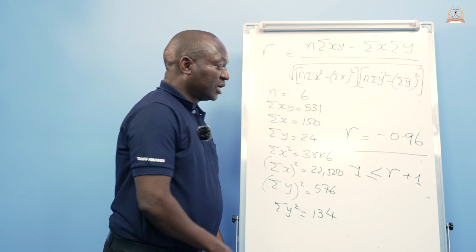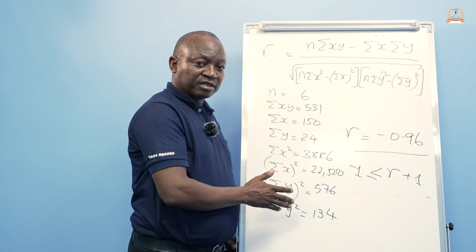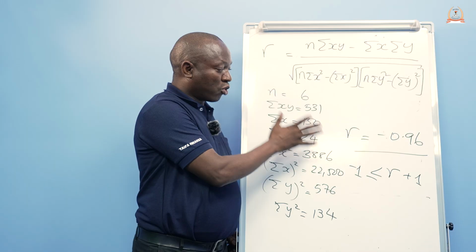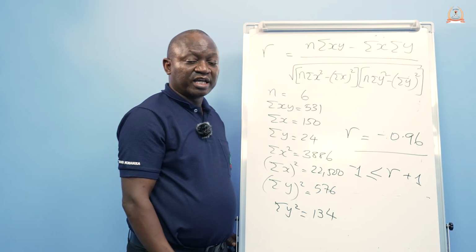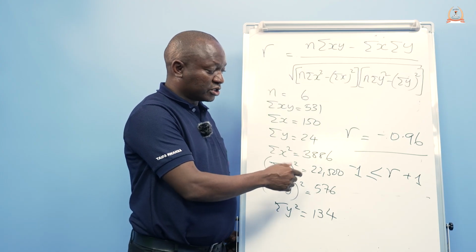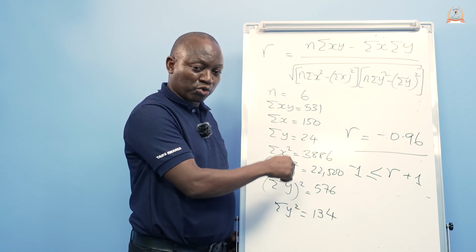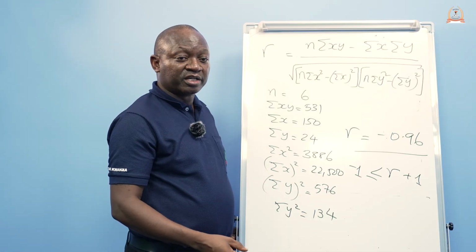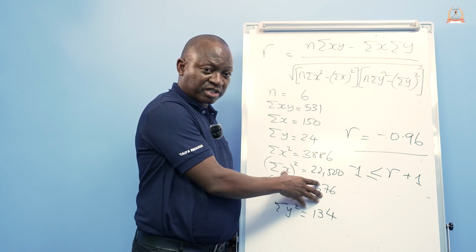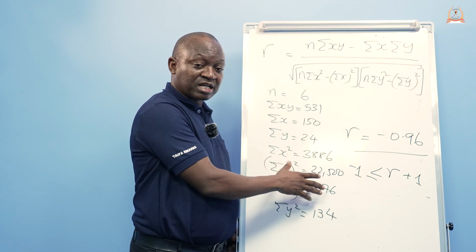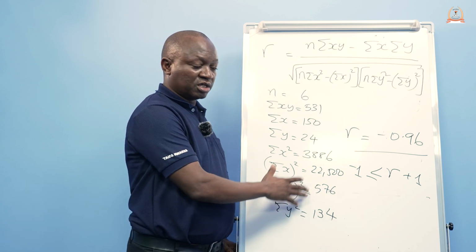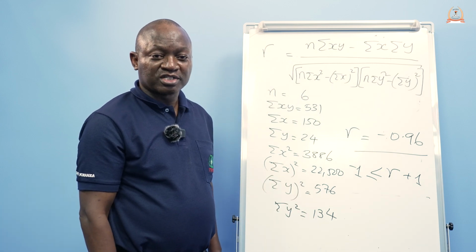So in summary, we have established what the correlation coefficient is as a concept, but also we have managed to calculate the correlation coefficient, and finally we have managed to interpret the value of the correlation coefficient by examining the nature of the relationship that exists between the two variables under consideration.